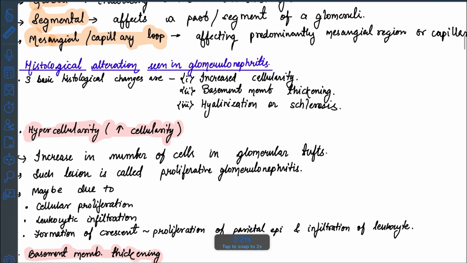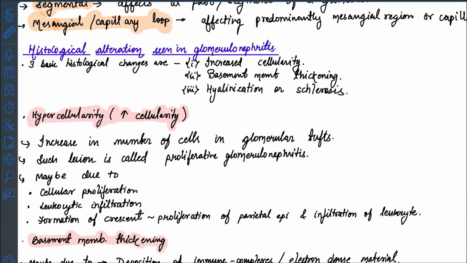Now let's see what are the histological alterations which we'll see in glomerulonephritis. Three basic histological changes are seen. First, the cellularity may increase, that is, the glomerulus will be hypercellular. First change is hypercellularity. Second is thickening of basement membrane.